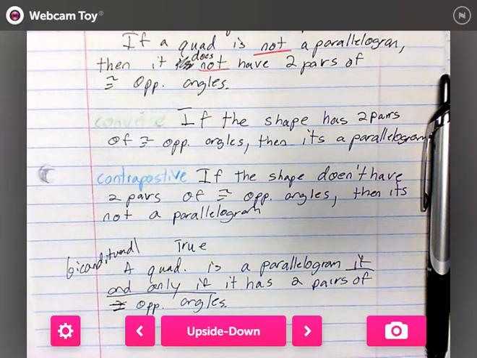I'm still seeing people writing, so I'm not going to move on. We're not writing notes to our friends, we're actually doing this. Okay. Making sure.